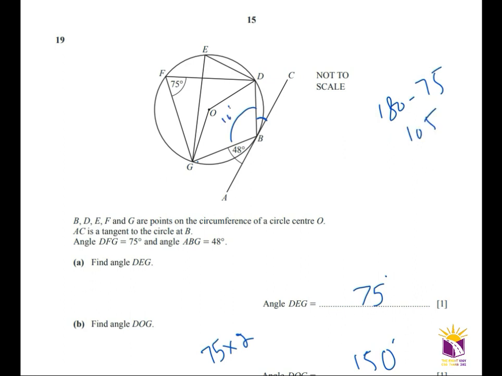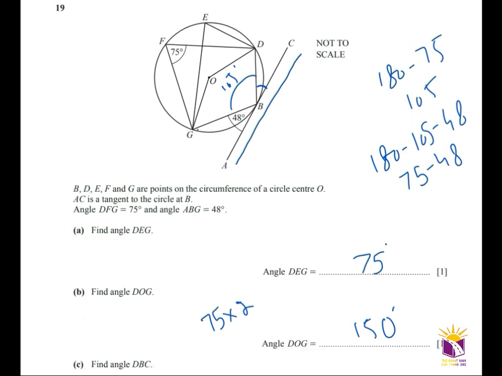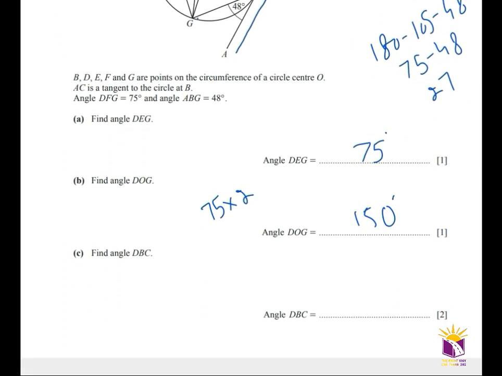So it is 105 degrees. And as it is the tangent of the circle, the total angle on the tangent line will be equal to 180. 180 minus 105 minus 48 will be equal to the angle DBC. It will be 75 minus 48, which is equal to 27 degrees.